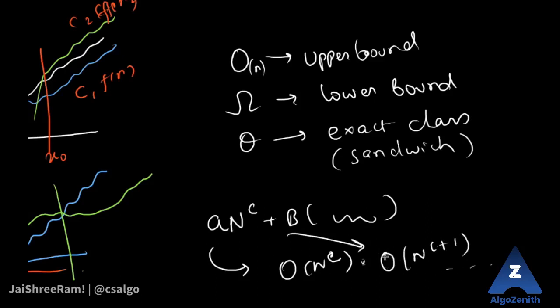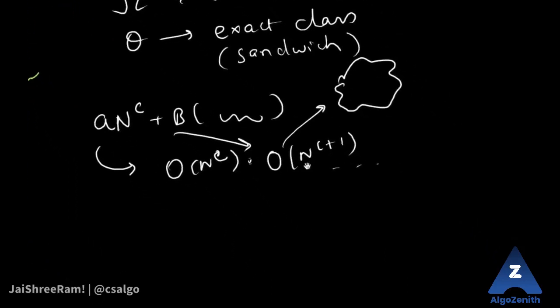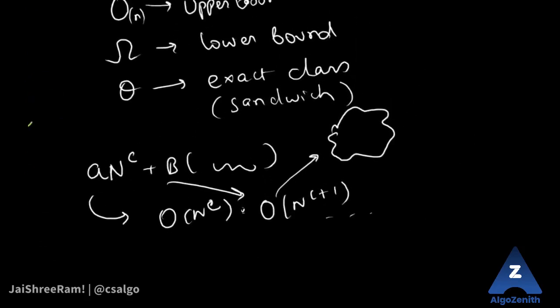Because when we say order, this basically represents a set of functions, right? Every function that is less than or equal to this by the definitions that we discussed earlier will be in this class, and this function is also inside this class. So these order notations are describing a set of functions that are valid, and this function would be present in every one of these sets: n to the power c, n to the power c plus 1 and so on.